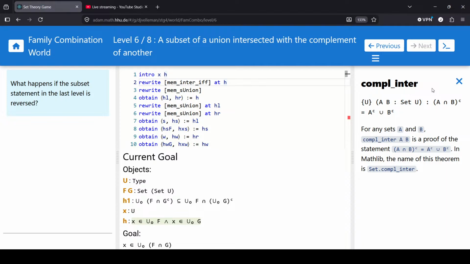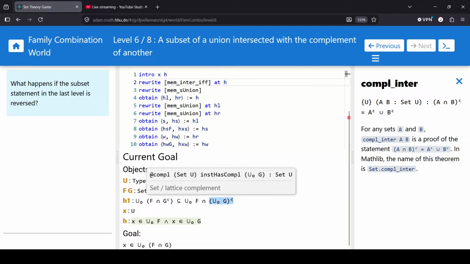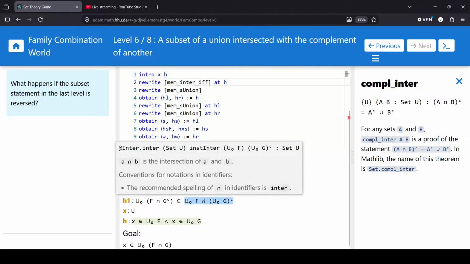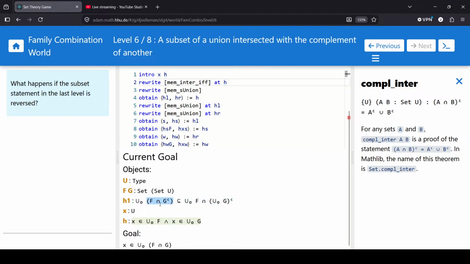There's this. I could do a bit of rewriting potentially. Hmm. The C doesn't apply to the intersect. It just applies to this thing.